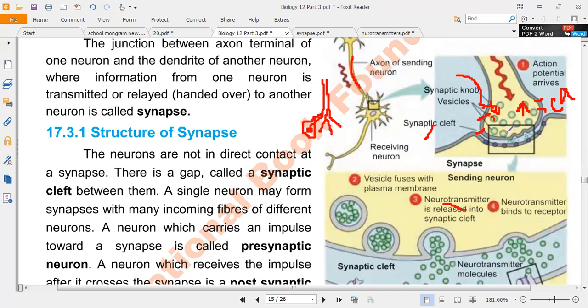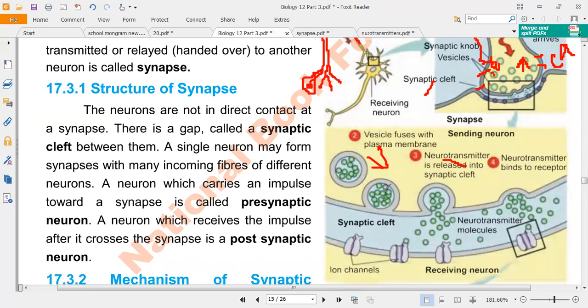Then the next step arises: when these vesicles fuse with the plasma membrane, you can see here in the zoomed diagram, this is the synaptic cleft. When these vesicles reach the presynaptic membrane, the next step is exocytosis.